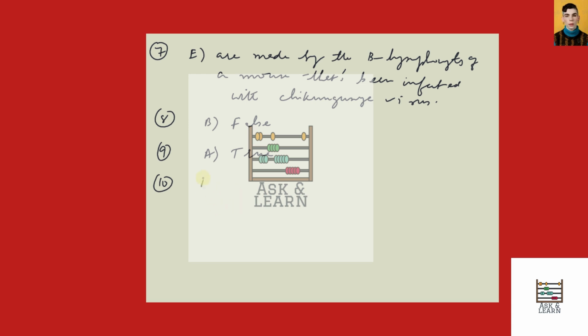The correct option is option E, which says that the method used to determine if antibodies are binding to antigens.